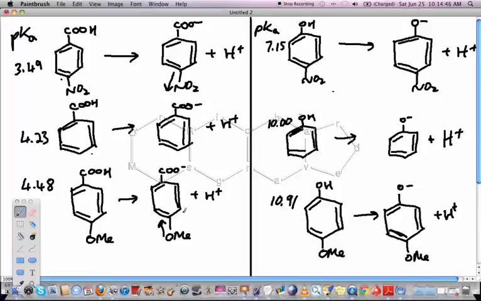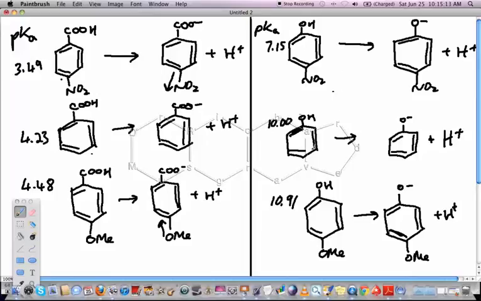Since this anion is less stable than this anion, this acid is less acidic than this acid, so we've got a higher pKa value here, and that's due to the fact that we've got an electron donating group, which pushes electrons into the ring and destabilizes this anion. Remember, the more stable the anion, the more acidic the compound is going to be.